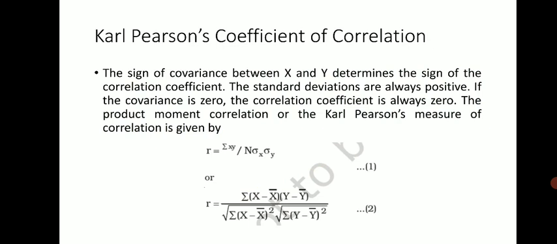The product moment correlation, or Karl Pearson's measure of correlation, is given by r equals summation xy upon n into sigma x into sigma y, or if you put in the values, it may be summation of x minus x bar into y minus y bar, upon under root summation x minus x bar whole square and under root summation y minus y bar whole square.